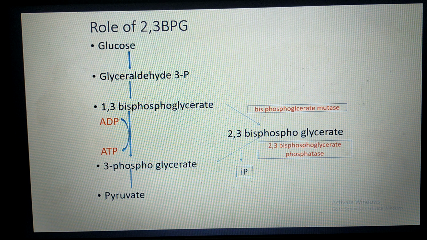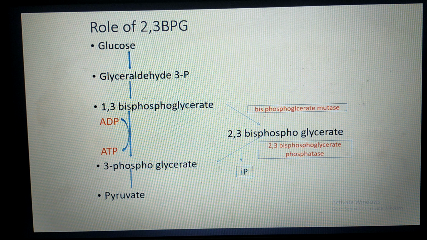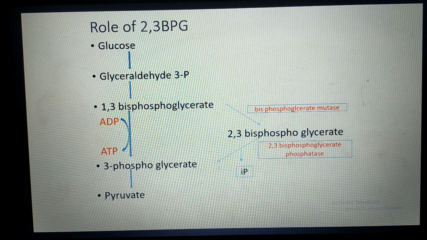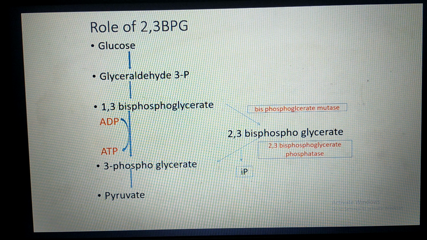Then this 2,3-bisphosphoglycerate is converted into 3-phosphoglycerate by removal of the phosphate group from the second carbon in the form of inorganic phosphate. The enzyme required for this step is 2,3-bisphosphoglycerate phosphatase. Now this 3-phosphoglycerate then joins the glycolytic pathway.